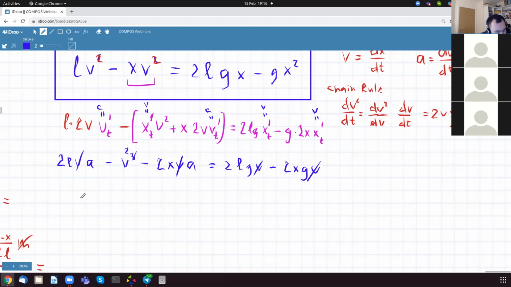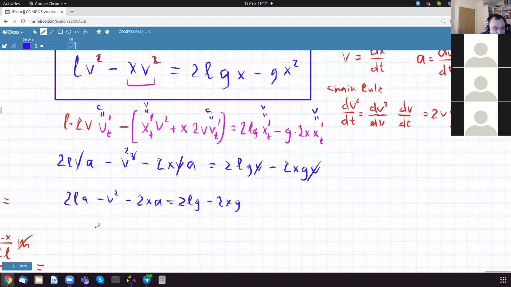So let's take a to one side because we're looking for a. 2l a minus v squared minus 2xa equals 2lg minus 2xg. Okay, we need a to one side.